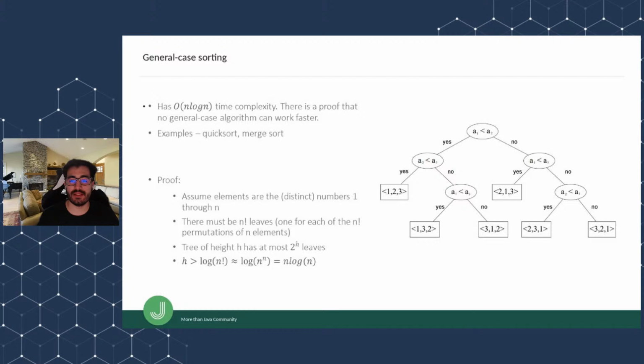This slide is about general case sorting, which basically states that the performance is O(n log n). There is a proof that no general case algorithm can work faster than this one, for example quicksort and merge sort, and the proof is depicted here.